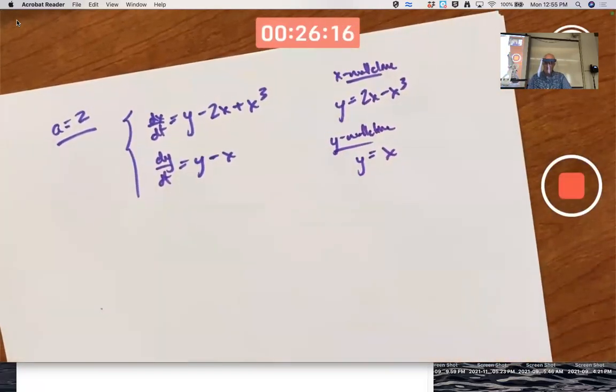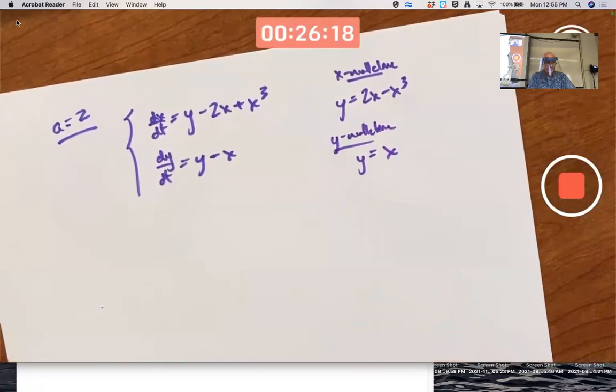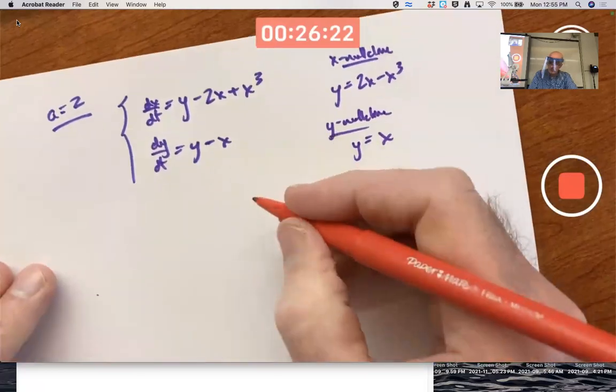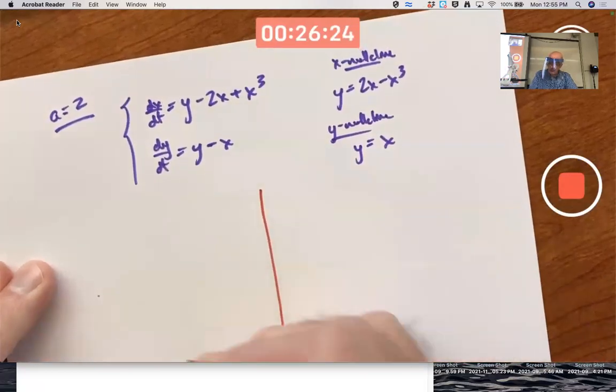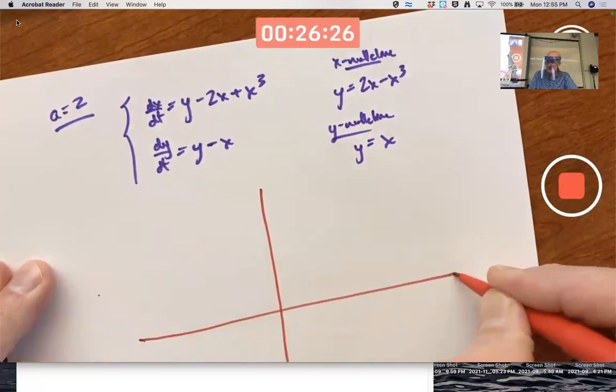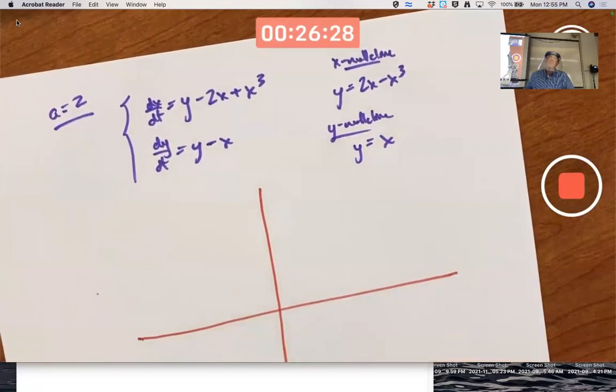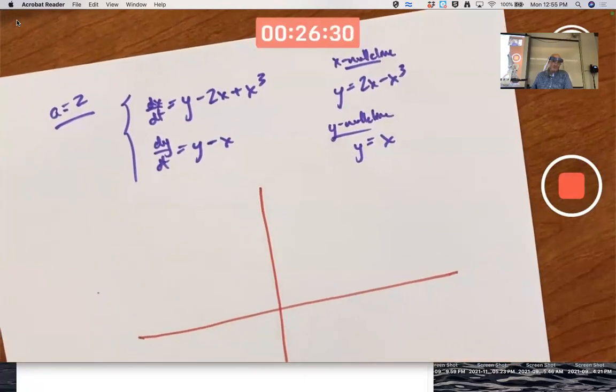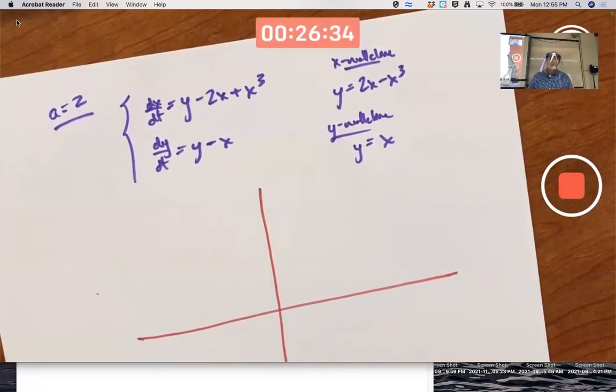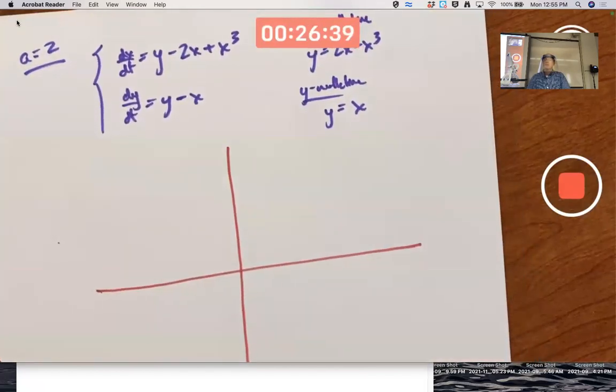So now I'm just trying to draw a phase portrait as quickly as I can. And this, in the end, is always the hardest thing for people, is drawing these phase portraits. And again, I'm not looking for perfection. You can use StreamPlot to help, but you really should work at drawing them decently by hand.